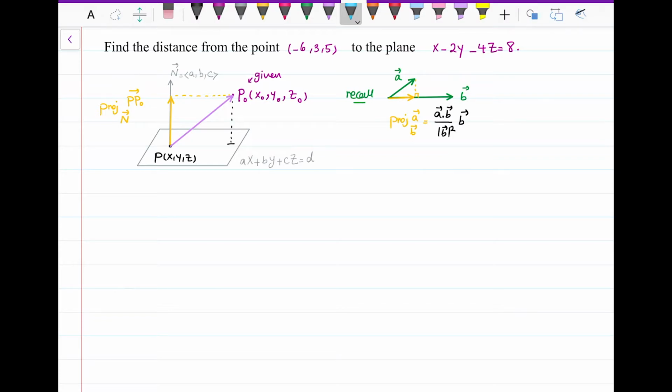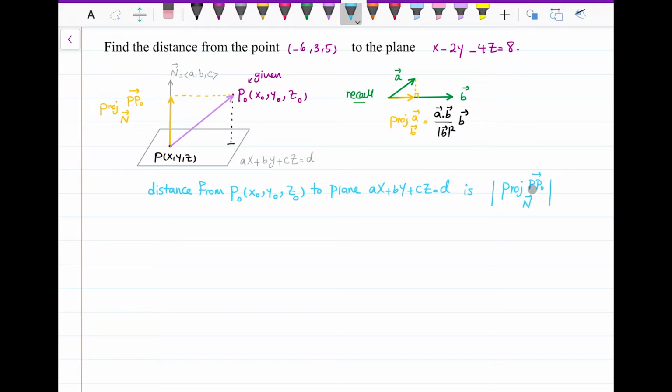So I'm going to write this distance from P0 with the coordinates x0, y0, and z0 to the plane ax + by + cz = d. It is the length of the projection vector of PP0 on the normal vector, where P is an arbitrary point on the plane and P0 is the given point. Great.